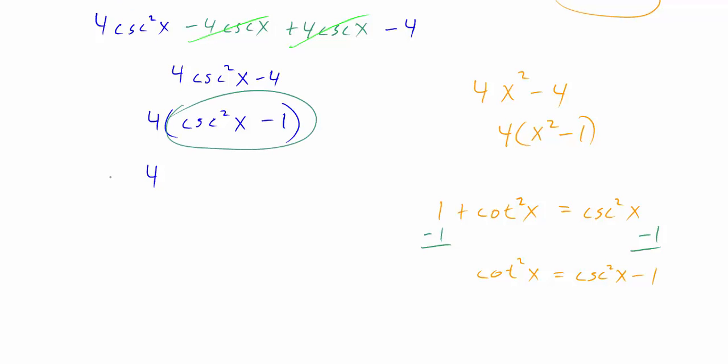So all of this is going to be equal to the cotangent squared x. So this would be 4 cotangent squared x.